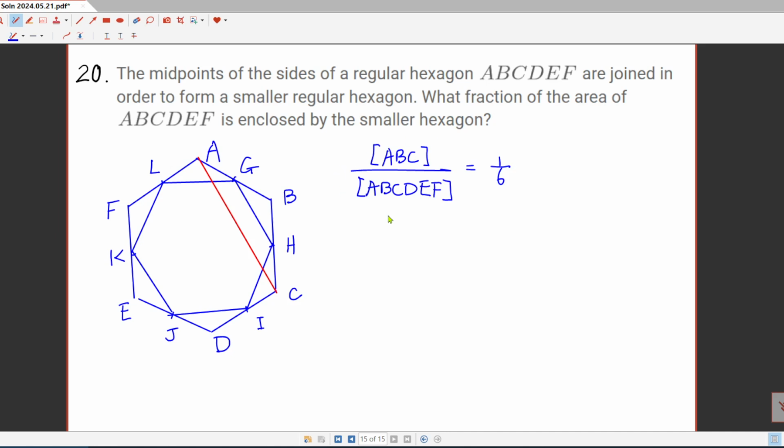Well, if you don't know that, try to figure it out by yourself after this class, right? Because you could let one side length be S, and we could express both of the two areas in terms of S. Then you could find the ratio between triangle ABC and the whole area ABCDEF, right? The result is 1/6. And next we know that triangle ABC must be similar to triangle GBH, right?